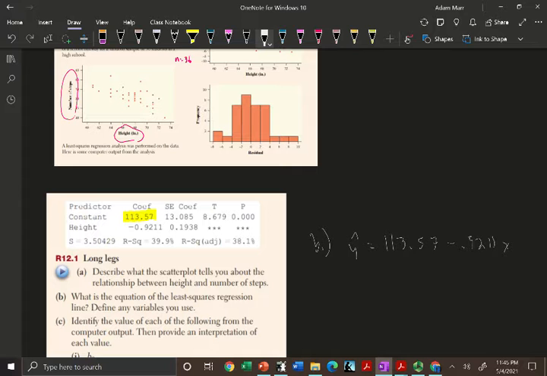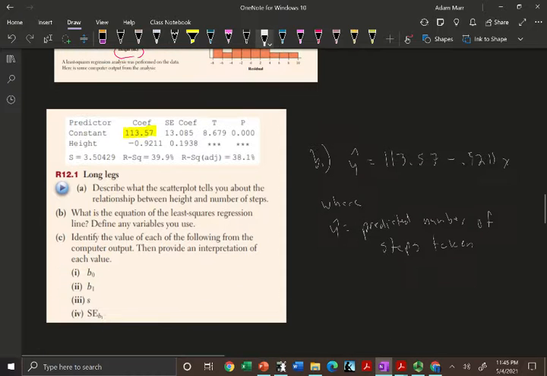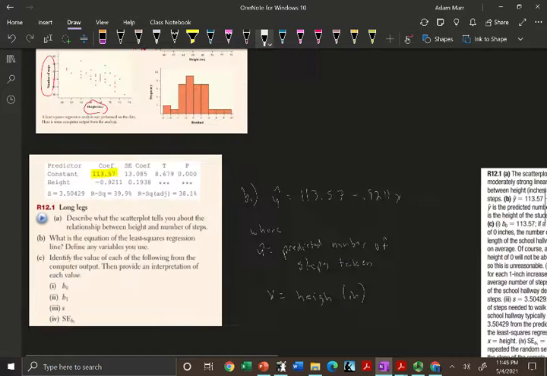And let's define everything, where y hat is going to be the predicted number of steps taken, and x equals height in inches. Okay, there we go. That's it.